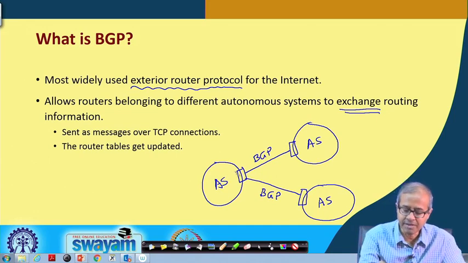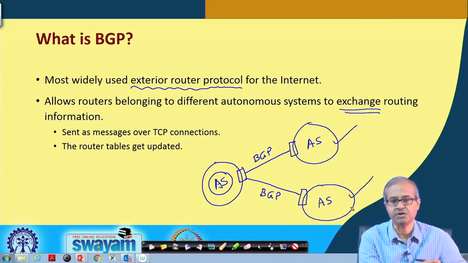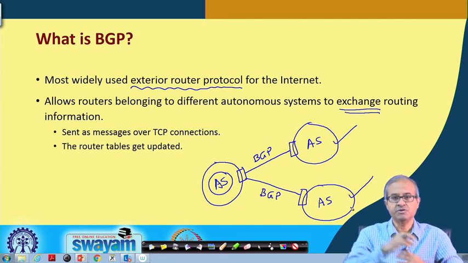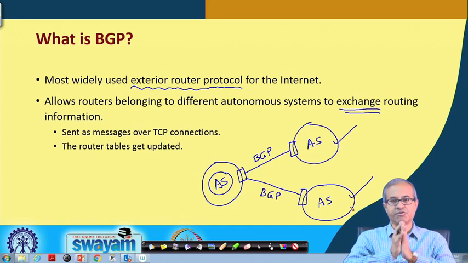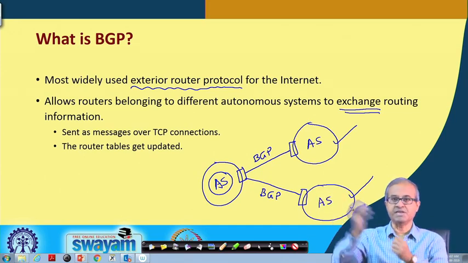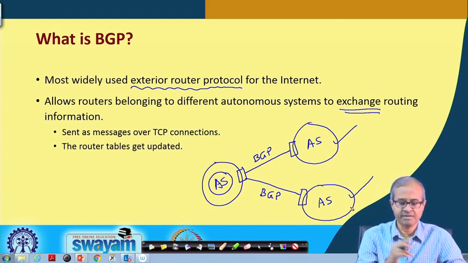BGP allows these routers to exchange routing information. For example, the router sitting in this particular autonomous system does not know the network status of the other two autonomous systems. Once the other router sends some information to this router, we will have some information about how the network situation is there, what the available routes are and so on, so that the local routing tables can be updated accordingly, right.